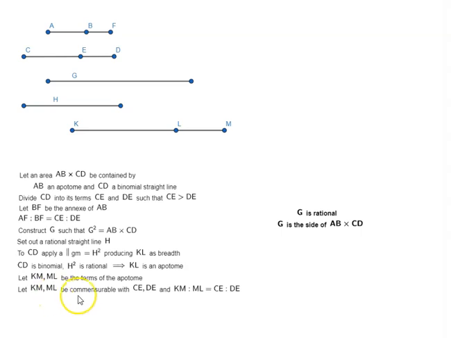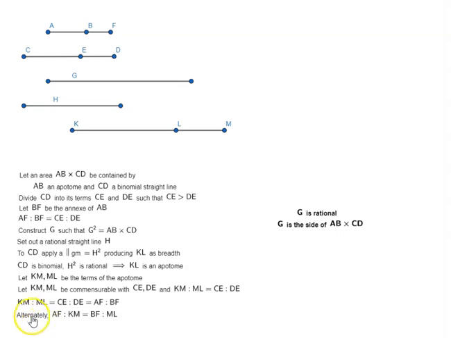Let KM and ML be commensurable with CE and DE, and KM is to ML is equal to CE is to DE. But CE is to DE is equal to AF is to BF. So we can write it like this: KM is to ML equal to CE is to DE is equal to AF is to BF.